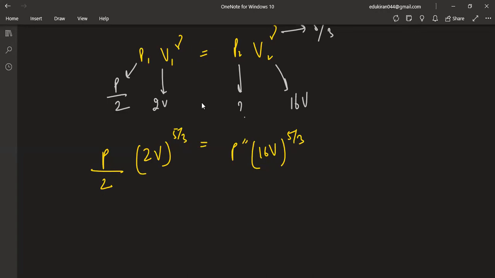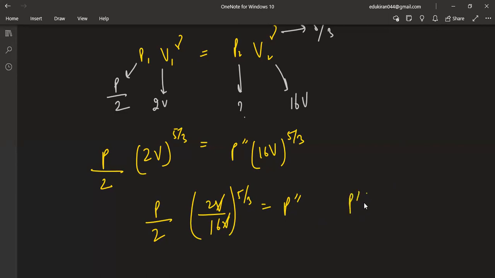So what we can do is bring these terms together so that we can solve it together. P by 2 into 2V by 16V to the power 5/3 is P double dash. V also gets cancelled, and this becomes 1/8. So P double dash becomes P by 2 into 1/8 to the power 5/3.